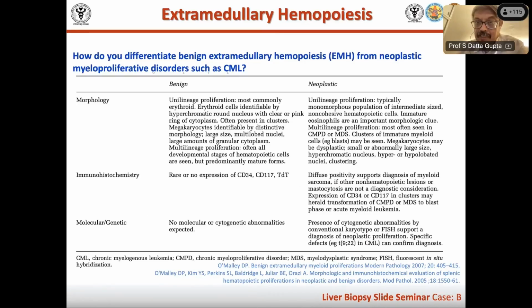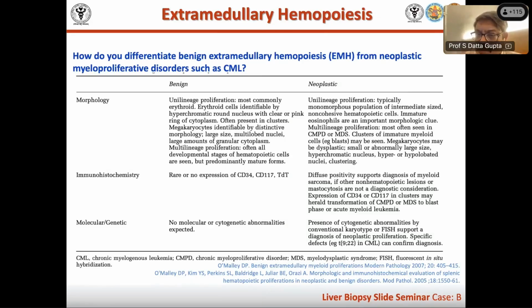And the megakaryocytes are dysplastic. If you find a lot of normal megakaryocytes, then it's very likely to be benign. The second thing is these tyrosine kinase receptors you have to do. If you find CD117, or sometimes you can do CD34 or TdT, then it is always neoplastic. You don't find it in a benign process.